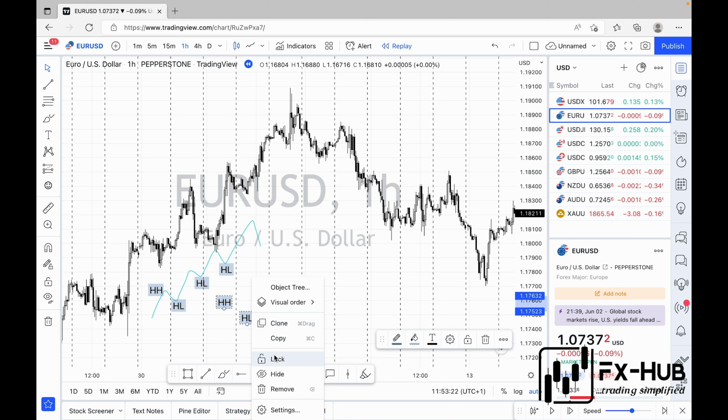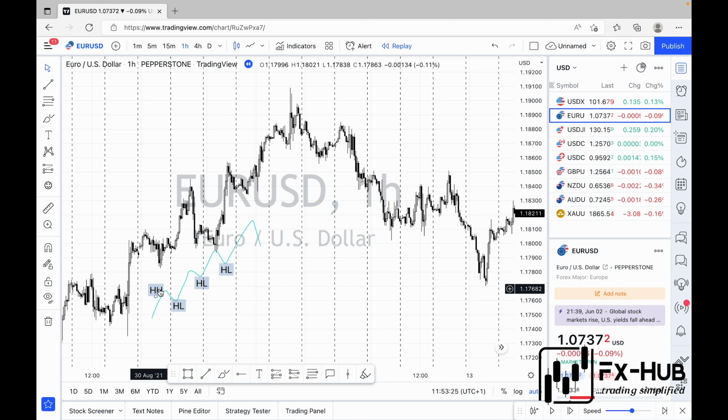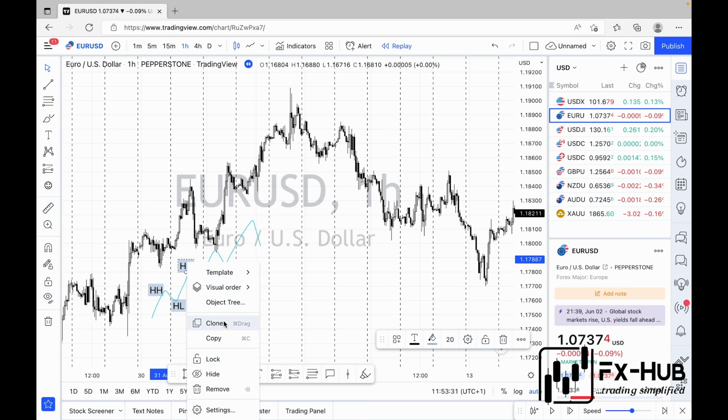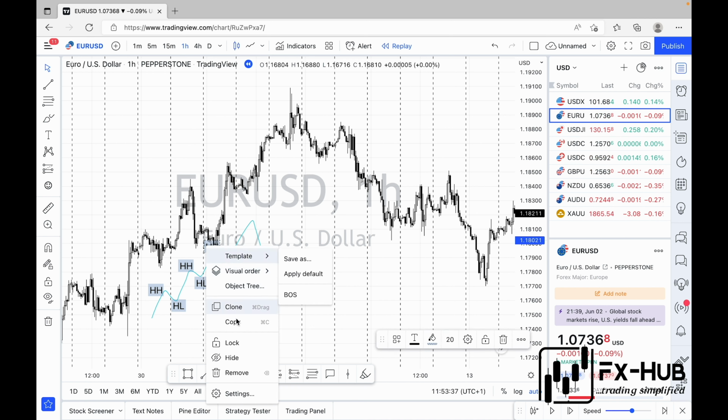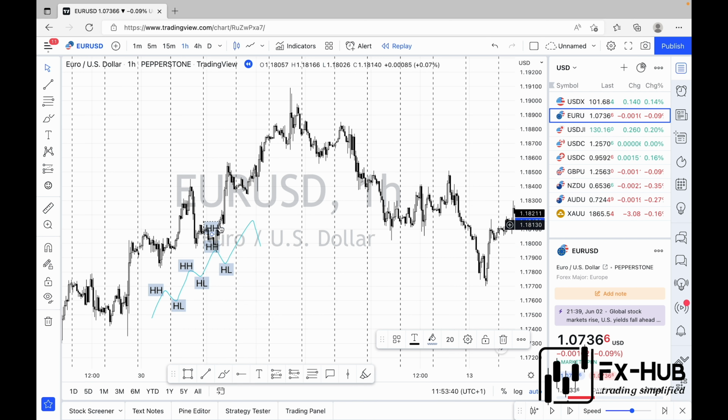Let me clone it upwards, and clone it upwards again. Now, if you're looking at this, this is a bullish trend. Higher high, higher low, higher high, higher low, higher high, higher low, and higher high, and this is a higher low.